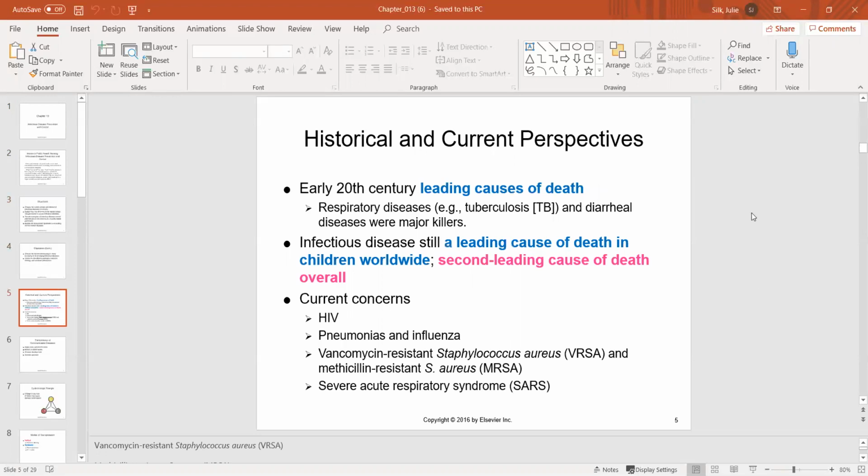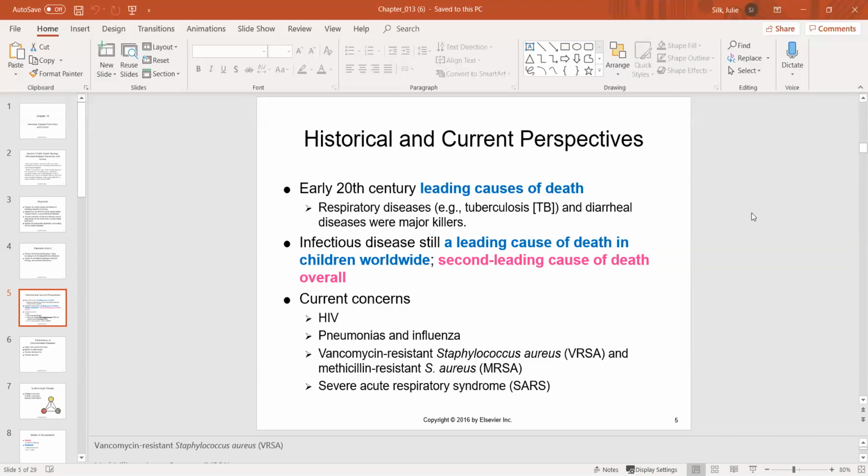Okay, with historical and current perspectives: early in the 20th century, our leading cause of death would have been respiratory illness, things like TB. Diarrheal diseases were also major killers. Infectious diseases still are a leading cause of death in children worldwide. It's the second leading cause of death overall.